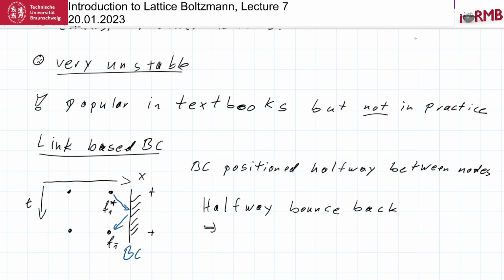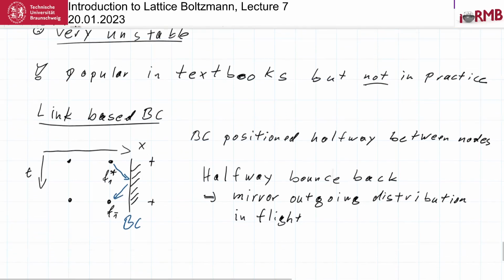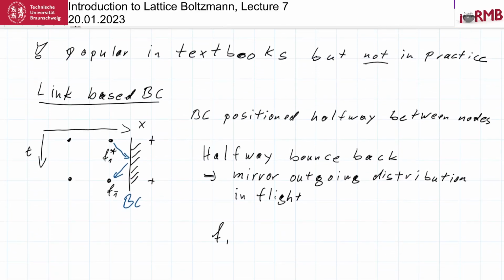Bounce back is just mirroring the outgoing distribution in flight. So just take this now as i, so i inverse is the one coming in at xn.